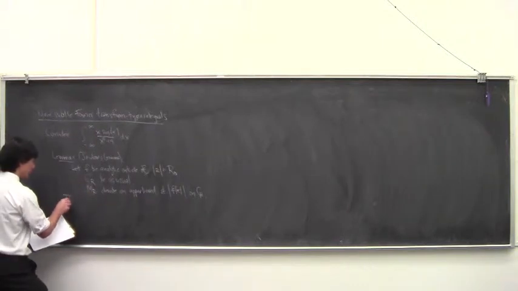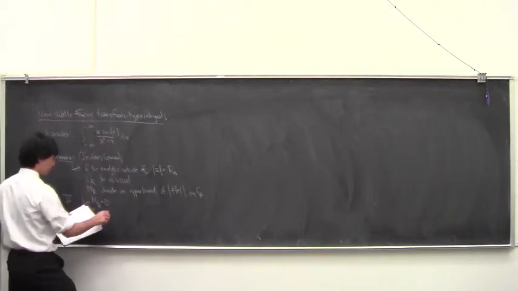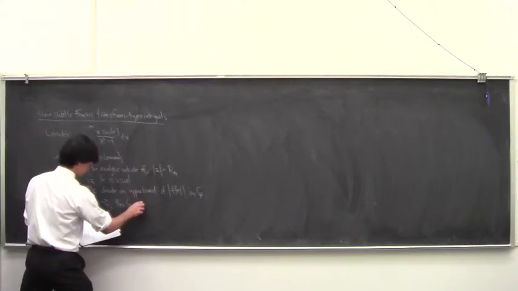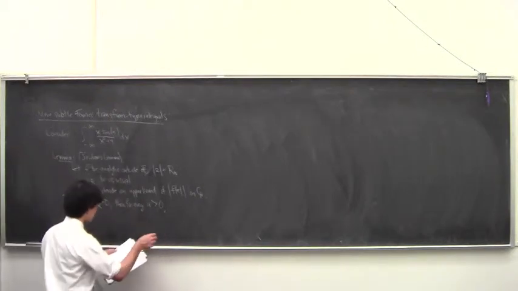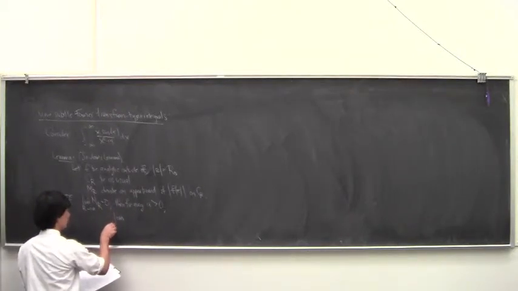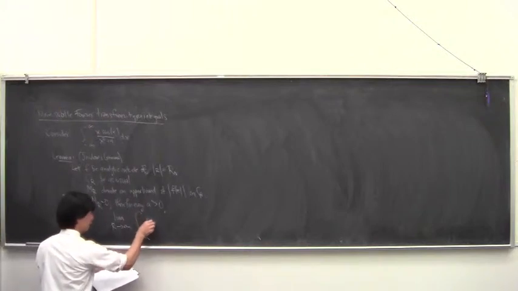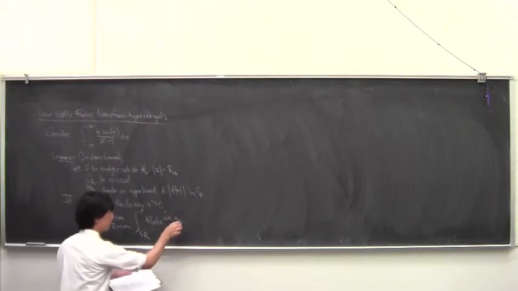Here it is: if the limit of M sub r as r goes to infinity is 0, then for every a bigger than 0, the limit as r goes to infinity of the integral of f of z e to the iaz dz is actually 0.